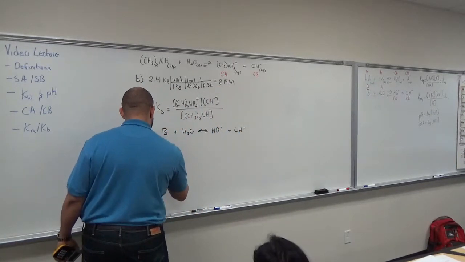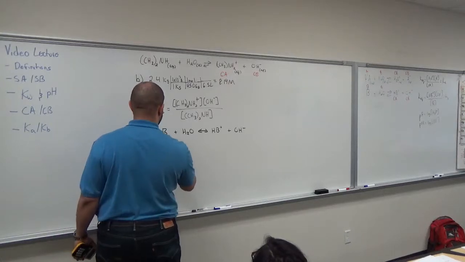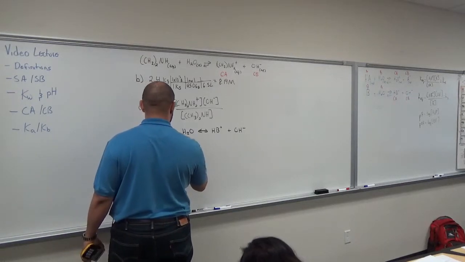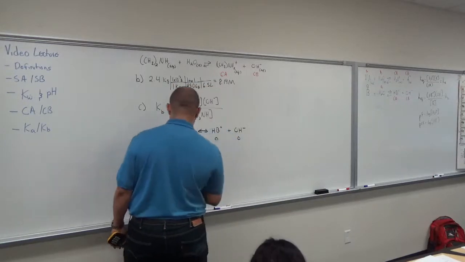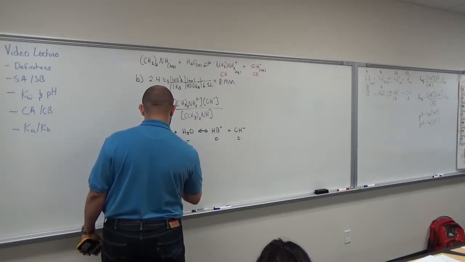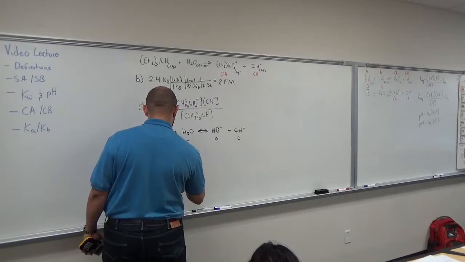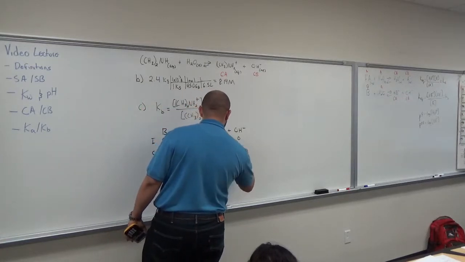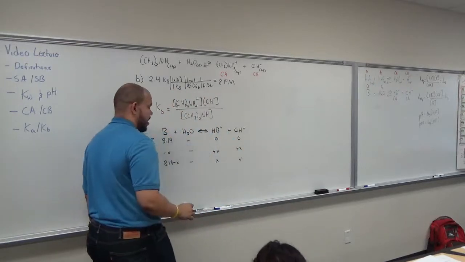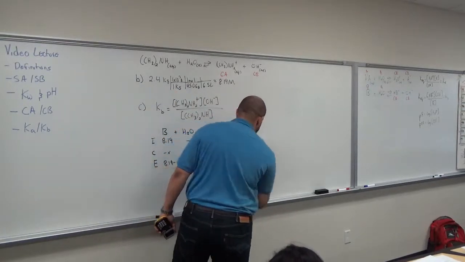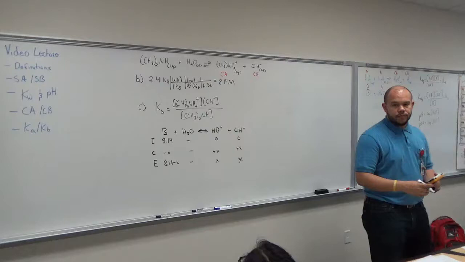So we're dealing with an ice table. That gives us 8.19. We're not worried about water. 0, 0, minus X, 8.19 minus X, plus X, X, X. Exactly like acid, only difference is we're dealing with Kb.